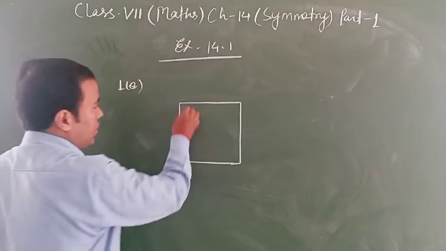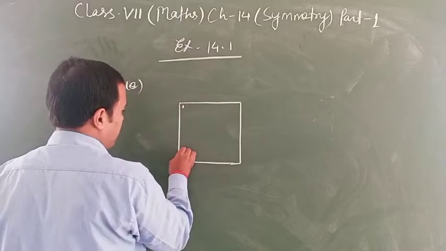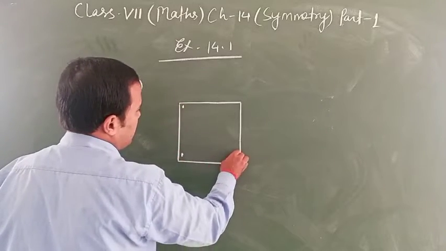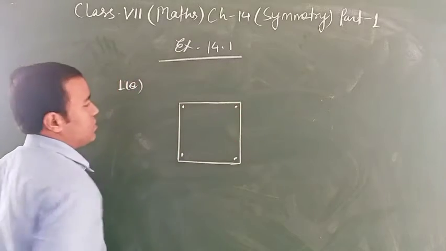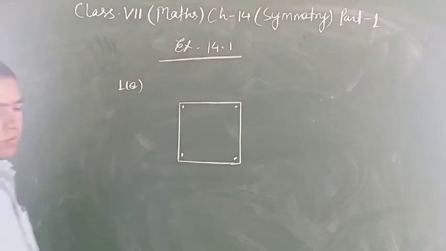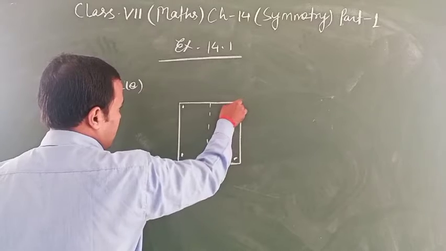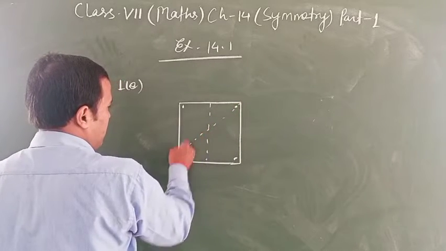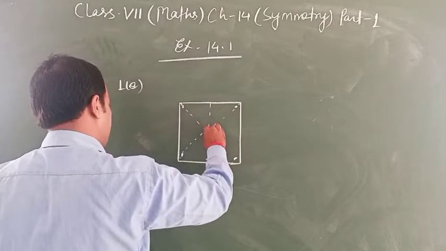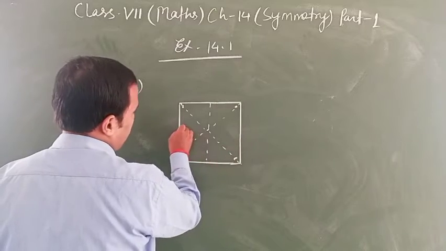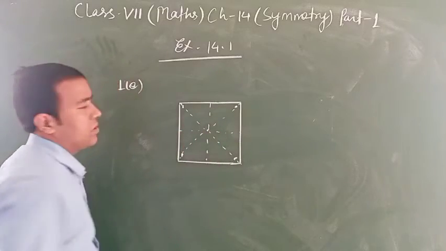Okay. One punch is here, one punch is here, one punch is here, and one. So how many lines of symmetry can we make? It is a first, a second, a third, a fourth line of symmetry. Clear?